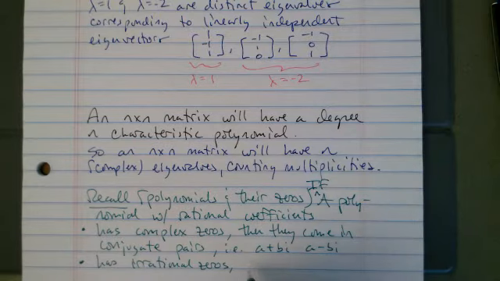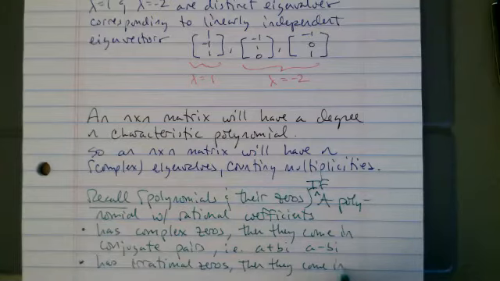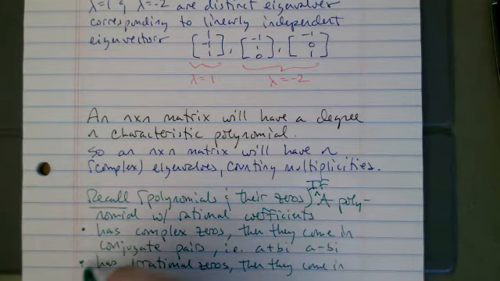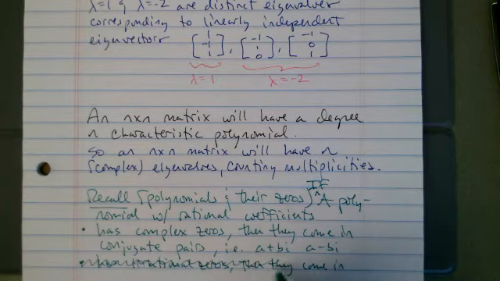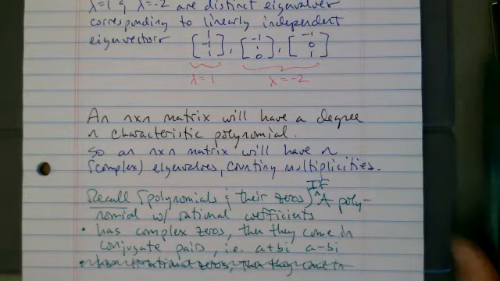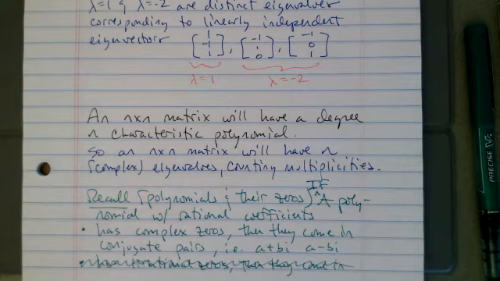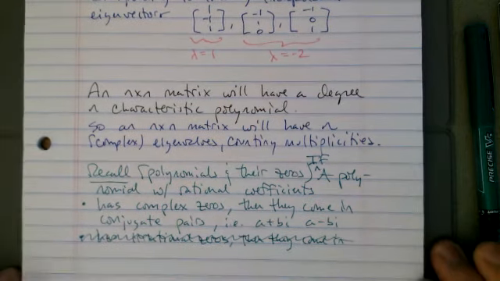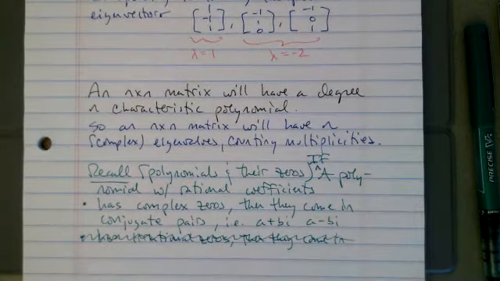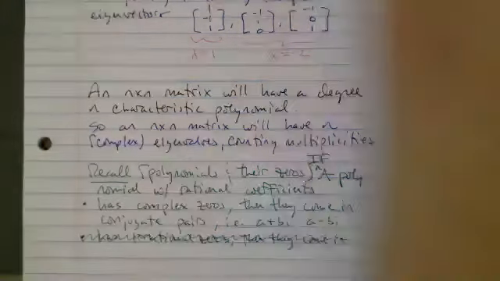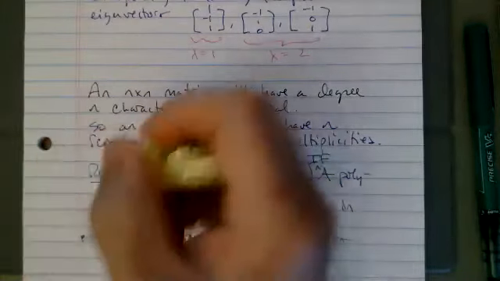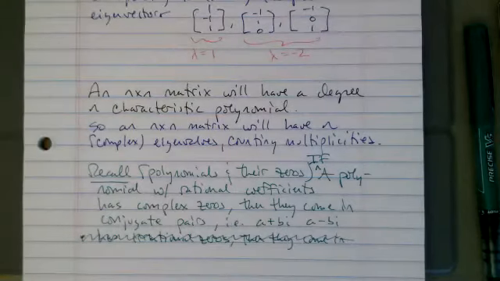Just stick with that first statement: if a polynomial with rational coefficients has complex zeros, then they come in conjugate pairs.